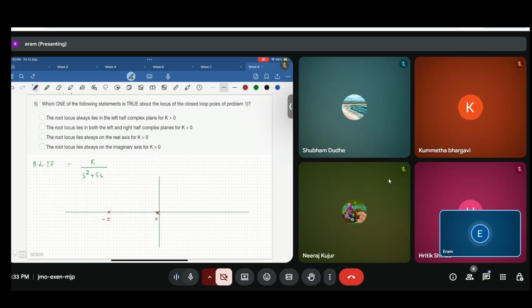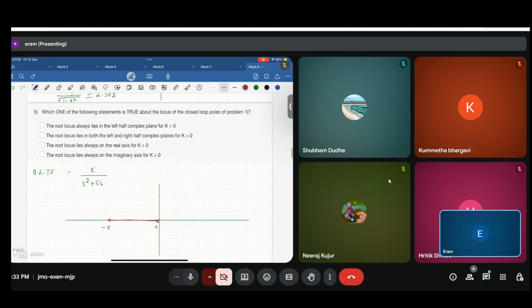Now on which part of the real axis will the root locus lie? This middle one, because if you look right from here, you have only one pole. And then how will my root locus evolve?